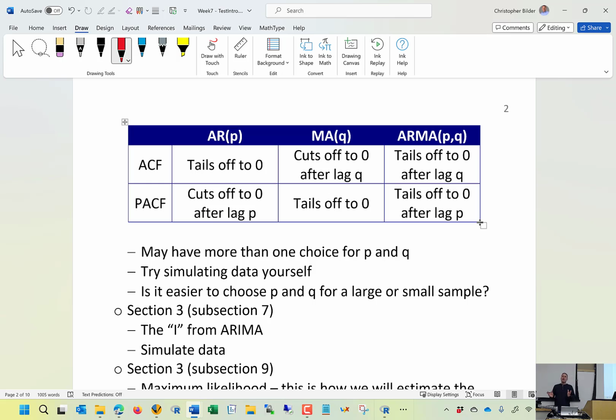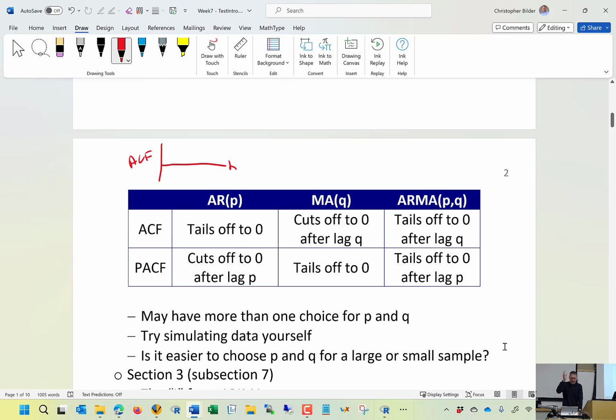So if I have a purely autoregressive model, meaning q is equal to 0, then what we would expect to happen is that the ACF will tail off to 0. The PACF will cut off to 0 after lag p. What that means is that you're going to have something that looks like this. So here's lag h. We'll just call this the ACF, or the autocorrelations, on the y-axis.